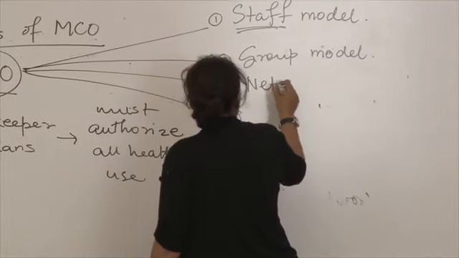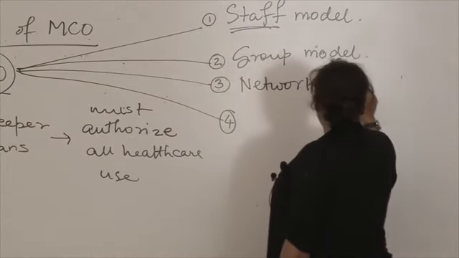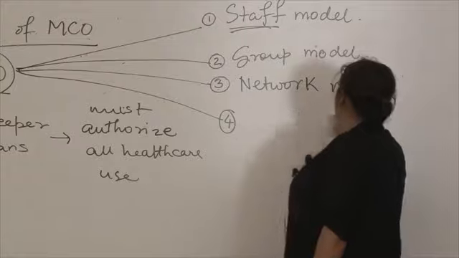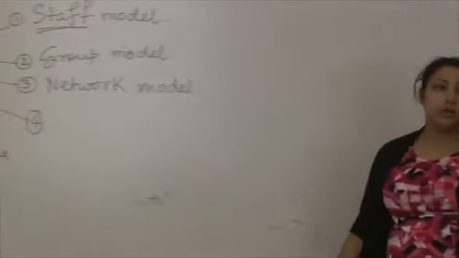Then you have the network model HMO. This is something similar to the in-network thing that we saw in the case of PPO. In this case, the HMO will negotiate with a network of physicians. That means multiple groups of practicing physicians can be a part of that network. So one notch even lesser restriction.